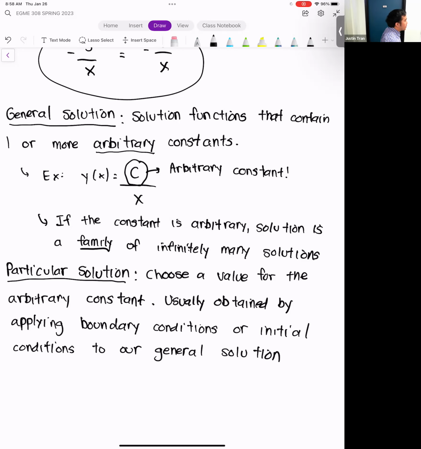So getting a particular solution is usually another step. After you solve the differential equation, in order to get the particular solution, you have to apply a boundary condition or initial condition.